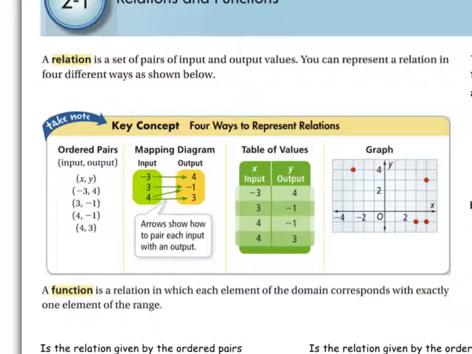Whatever I throw into the machine, I'm going to get only one thing coming out of the machine. That makes a function. If I throw one thing into the machine and I get 4 things coming out of the machine, that is not a function. One thing in, one thing out. That's a function.